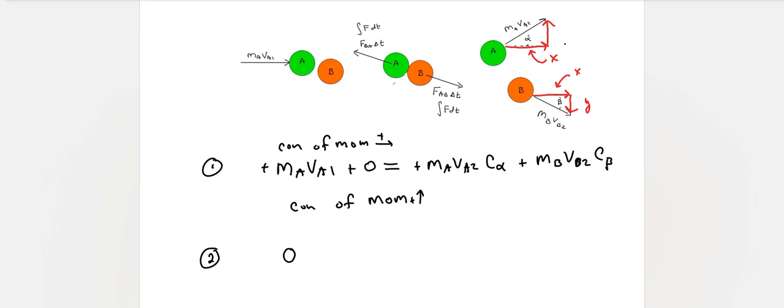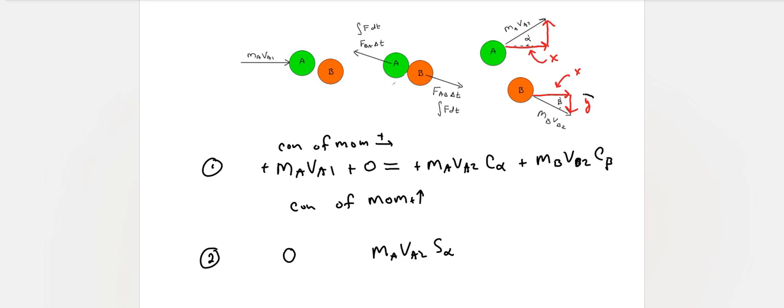Okay. Now we look over here. Our momentum in the y direction for mass A is this one, which is opposite alpha. So that is going to be MAVA2 sine alpha, and it's positive because that arrow is pointing in the direction that I have called positive. Okay.